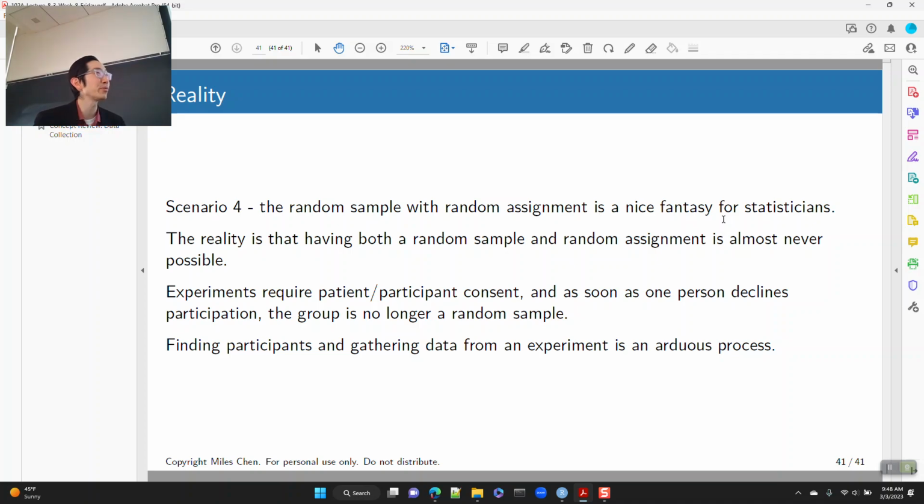And running a true random experiment is really hard to do in real life, because have you taken 101B? Are you taking it right now? No. Do you have a group project in 101B where you're doing an experiment? Maybe not. Okay, well, anyway. It's called design of experiments, right? Okay, I just want to check.